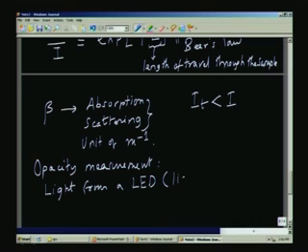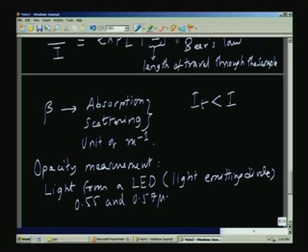LED is nothing but a light emitting diode, and the wavelength which is used is between 0.55 and 0.57 micrometer. This is the lambda of the light which is being used. It is the visible part of the spectrum. So, we use lambda equal to 0.55 to 0.57 micrometer, and the receiver is a photo detector.